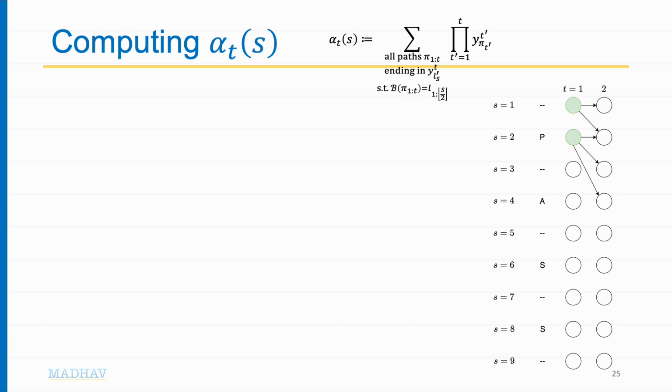So tell me now, what is the value of alpha? I've given the expression on the top. Tell me the value of alpha at the green node, meaning alpha t equal to 1, s equal to 1.